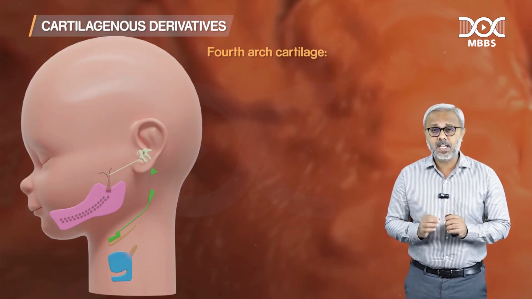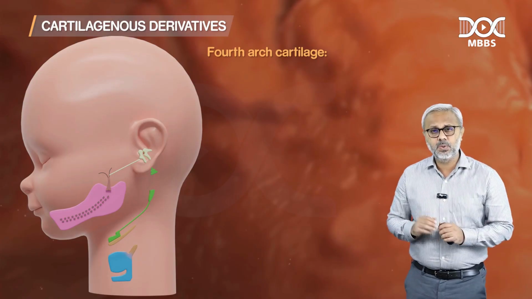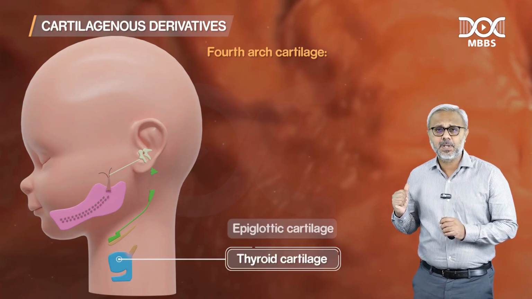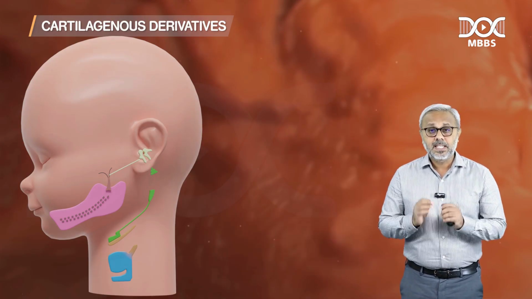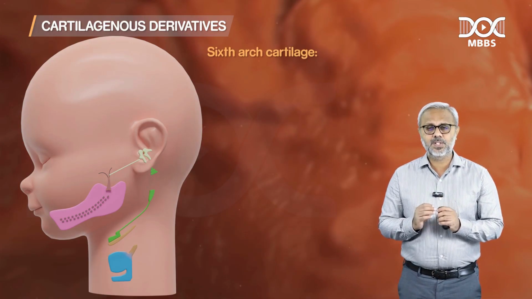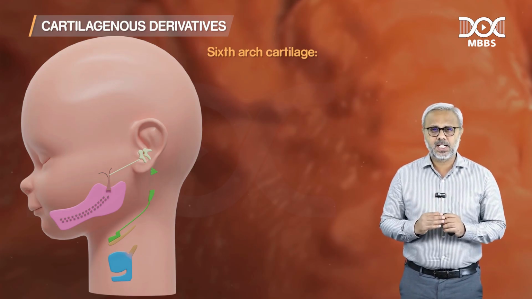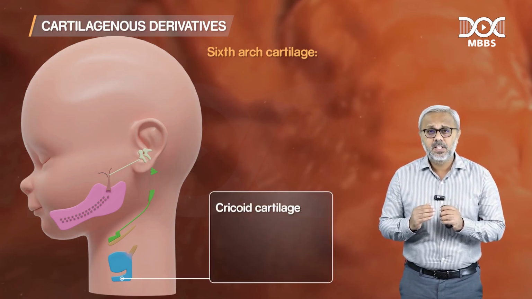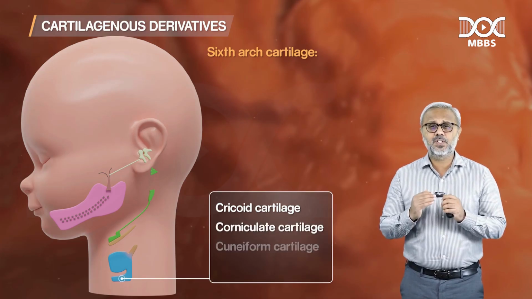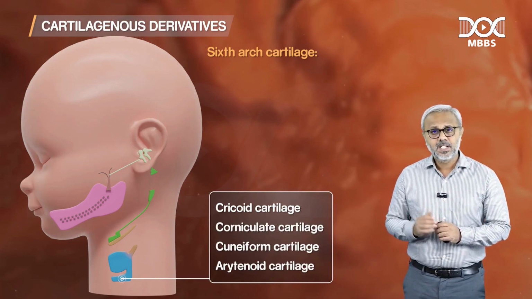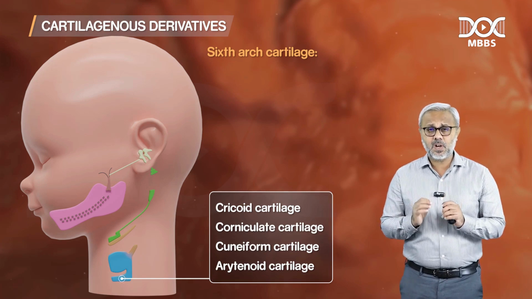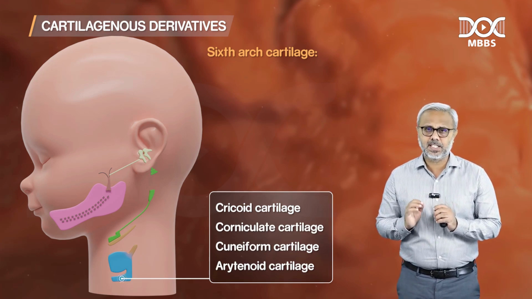The fourth arch cartilage in specific will give rise to the thyroid and the epiglottic cartilage, thyroid and epiglottis. The sixth arch cartilage will give rise to the rest of the laryngeal cartilages like cricoid, the corniculate and cuneiform and arytenoid cartilages. Done? So, this is regarding the derivatives of the pharyngeal arch cartilages.